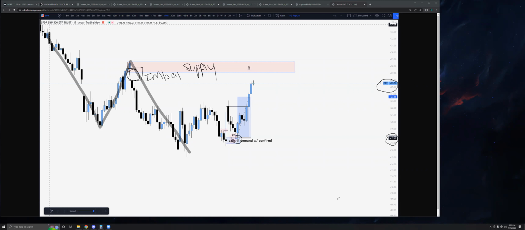Yes or no? Yes, right? Can anybody tell me why this would be a successful rejection off of the supply zone? What pretty much catches your eye first? Just based off market structure, what catches your eye first?